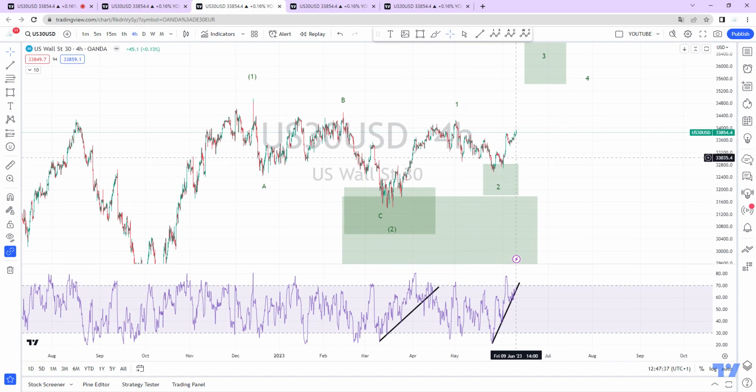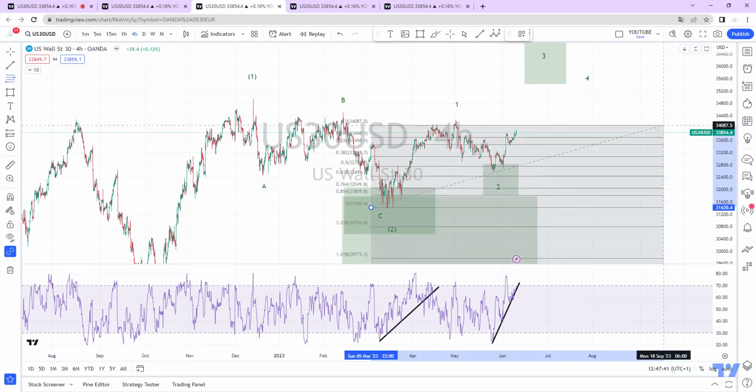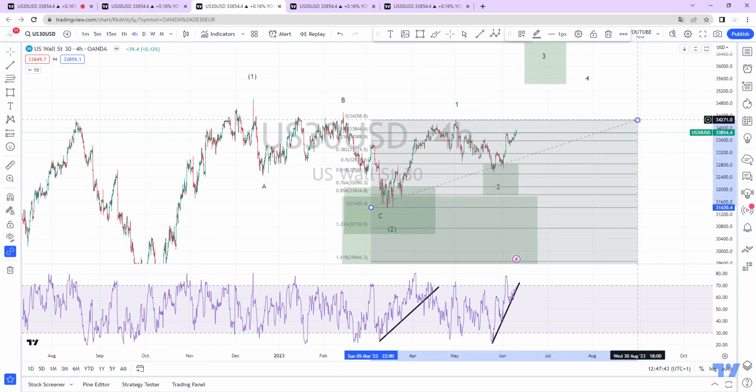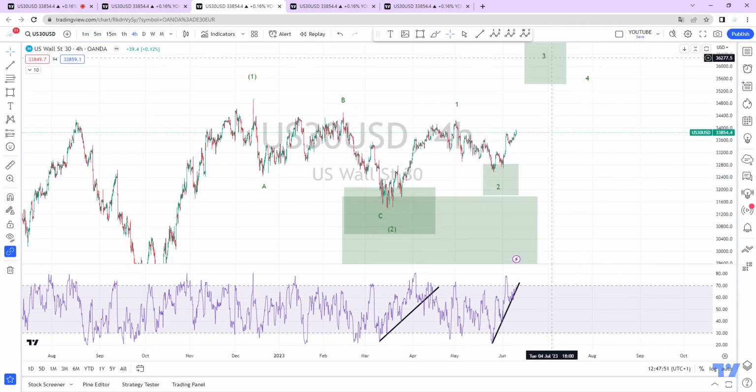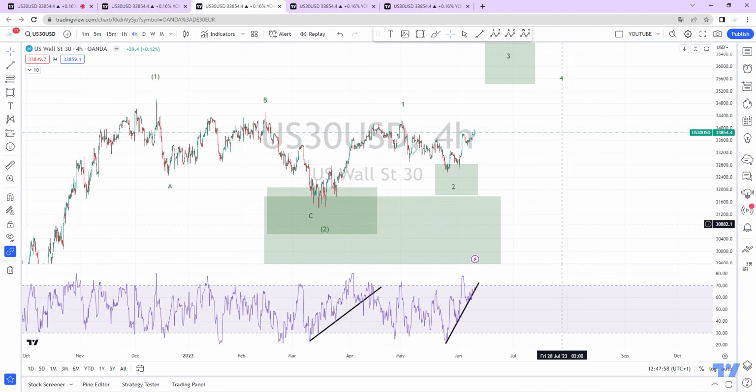We fulfilled the minimum requirement. As you can see, 0.5 Fib retracement. We touched it and we had an impulsive reaction to the upside. So then this becomes again our target. But this we will continue to analyze from Monday onwards.